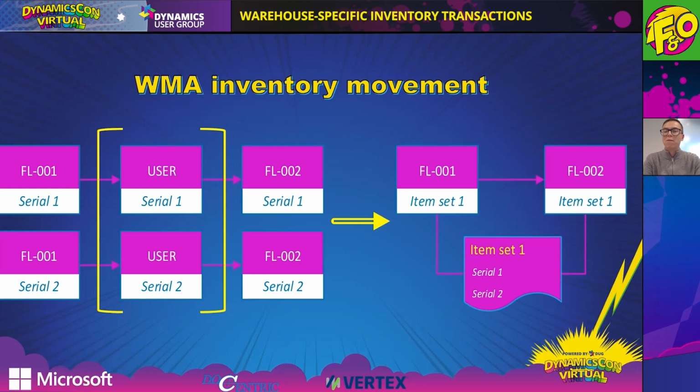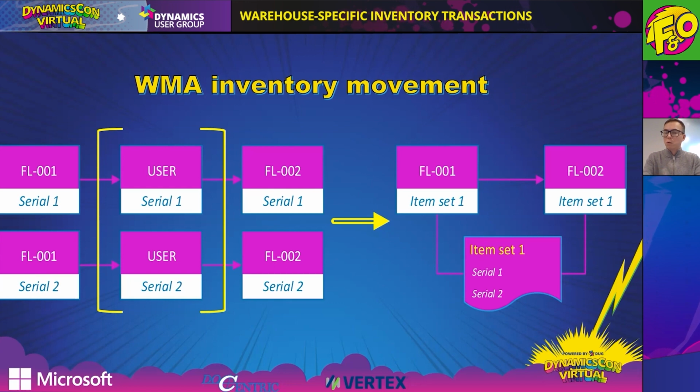As part of working on this feature, we actually took a chance to optimize two processes even more heavily. One of them is the WMA inventory movement operation. On the left, you see how the system functioned before the introduction of the warehouse-specific inventory transactions. If you moved a license plate, in this example a license plate with 2 serial numbers, the system would first create each transaction in reserved state, and then update it into registered issue or receipt.